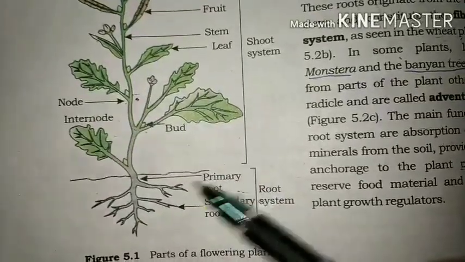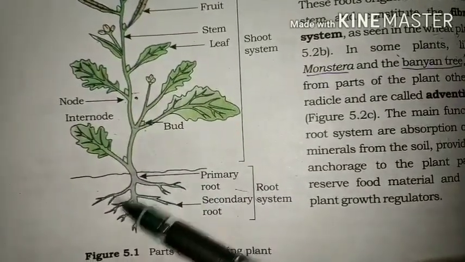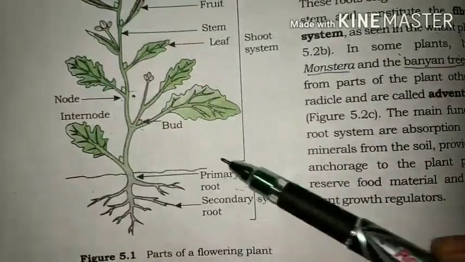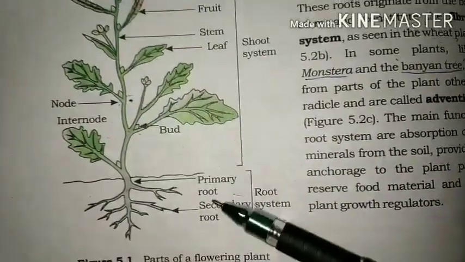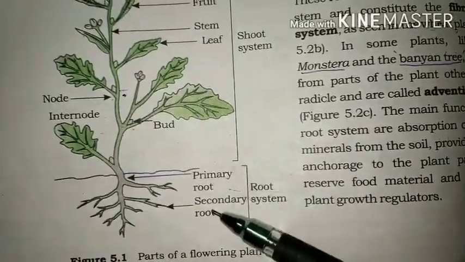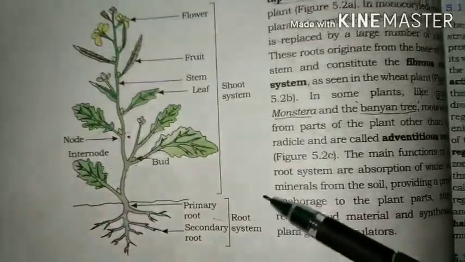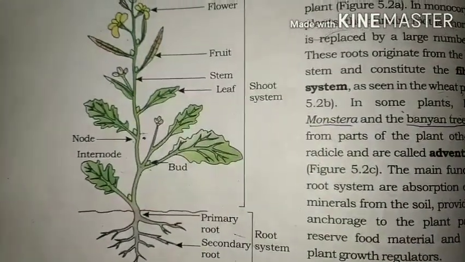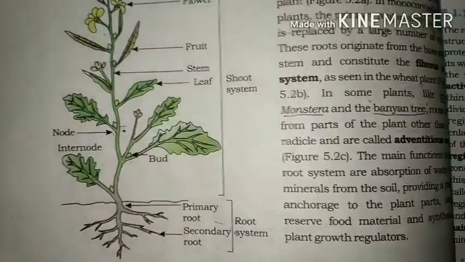If the primary root bears lateral roots, these are said to be secondary roots, and together they form a taproot system. If a plant consists of a primary root as well as secondary roots, these two together are called the taproot system. Here there are three types of root systems present.